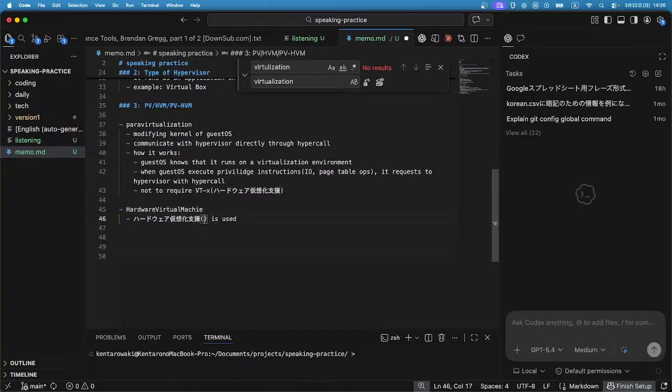What is hardware virtualization support? For example, Intel VT-x and AMD-V are used. So this type of virtualization doesn't modify the guest OS.